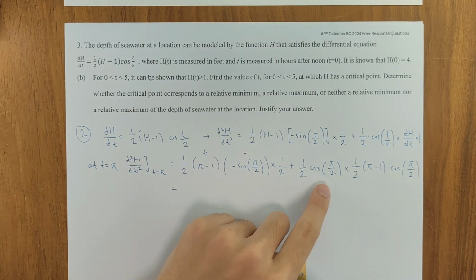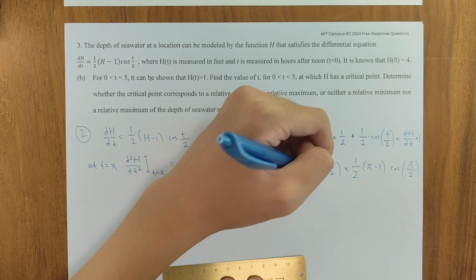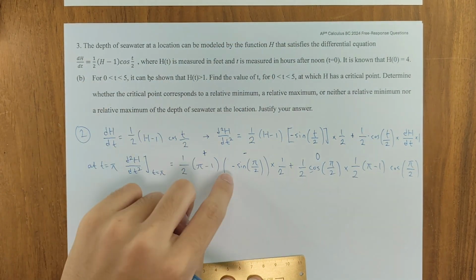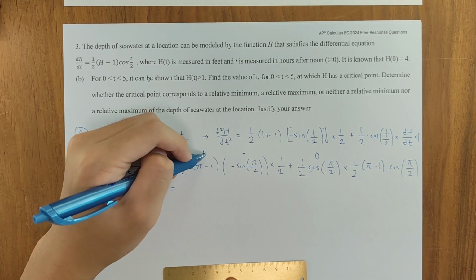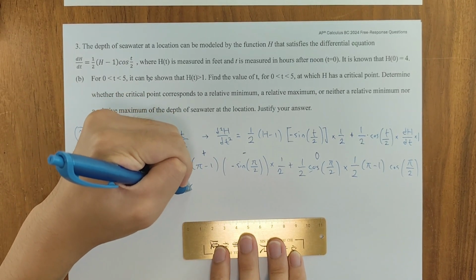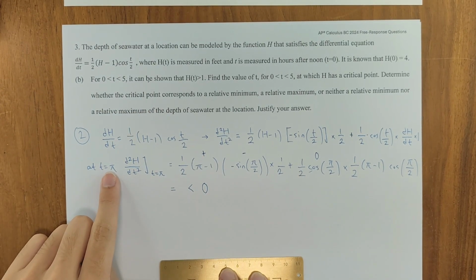Plus 1 over 2 cosine pi over 2. This becomes 0. So we can cross this term out, leaving this term only. So now, because positive and negative makes negative, this term is negative at t equals pi.